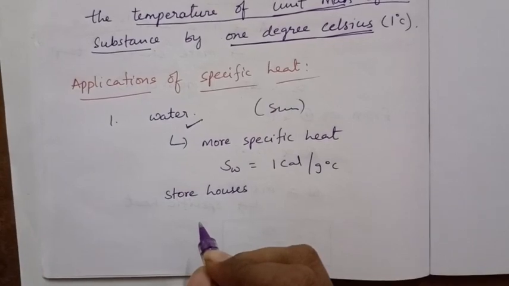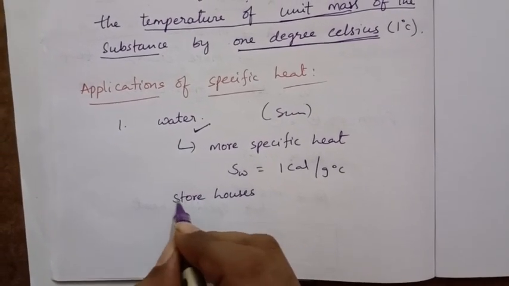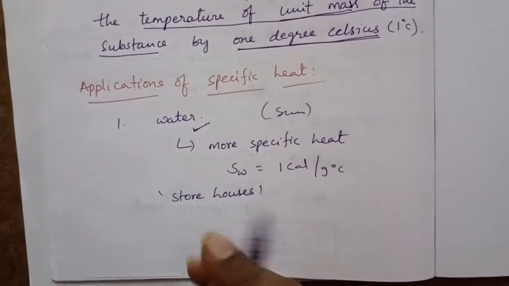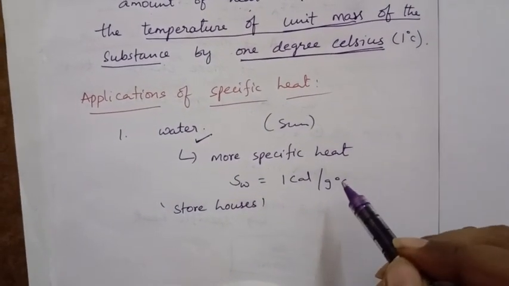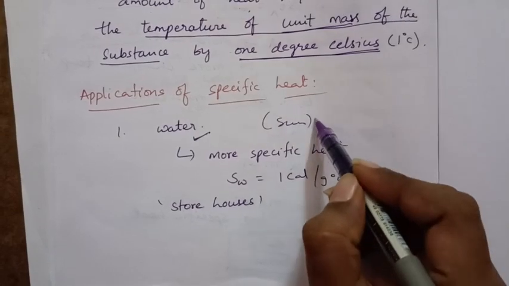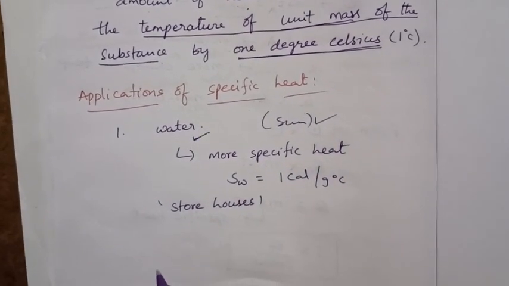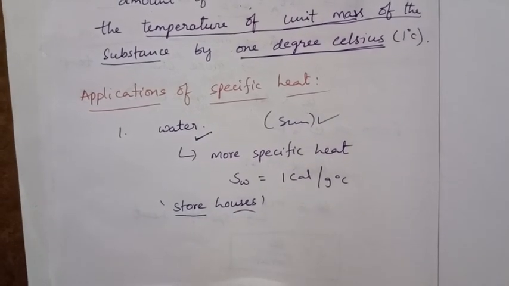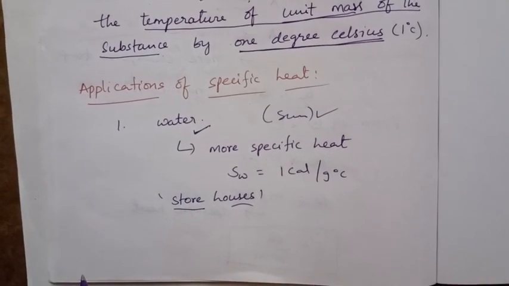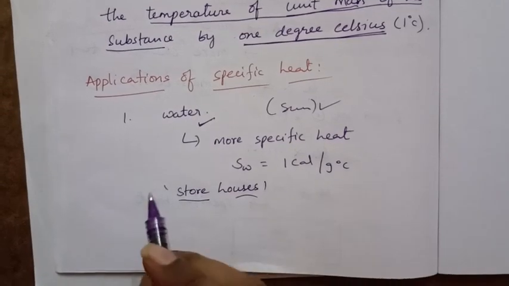Oceans are known as heat storehouses. The earth is covered by a large amount of water, so the heat coming from the sun is absorbed by the water and it moderates the surrounding temperature.